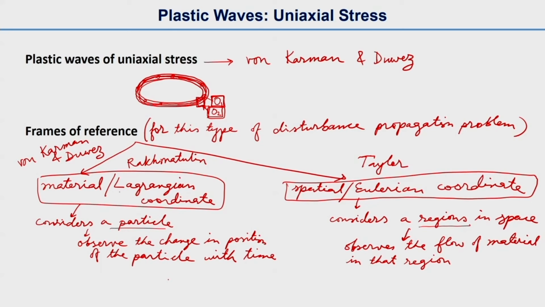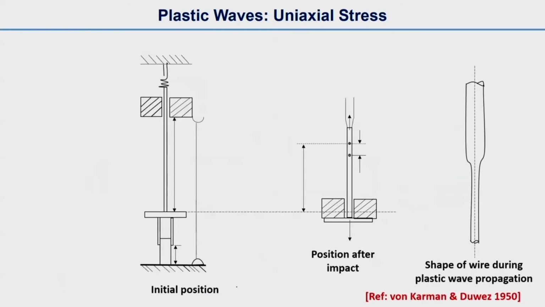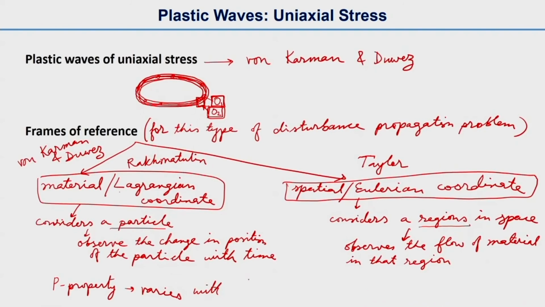So any property, let us say P, is a property that varies with time t and spatial coordinate x.